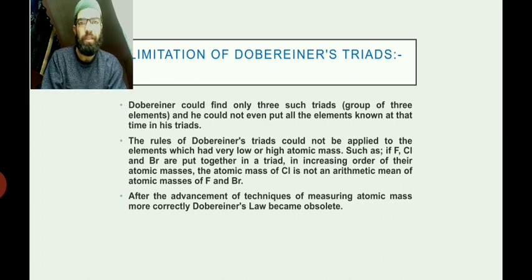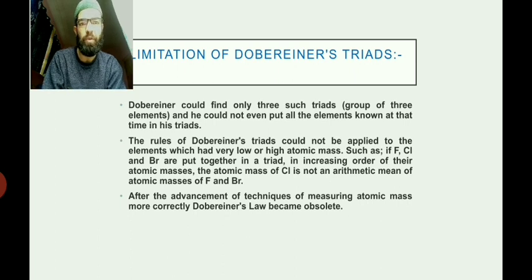First of all, there were 30 elements at that time, and he could not classify all the 30 into triads. This was the main limitation of his periodic table. Secondly, the rules of Dobereiner's triads could not be applied to elements which had very low or high masses. Only a few elements he could group into triads.